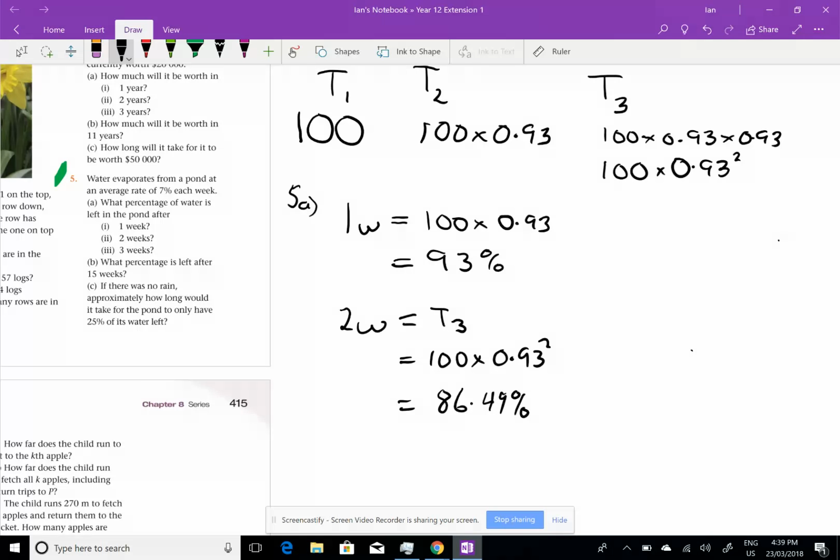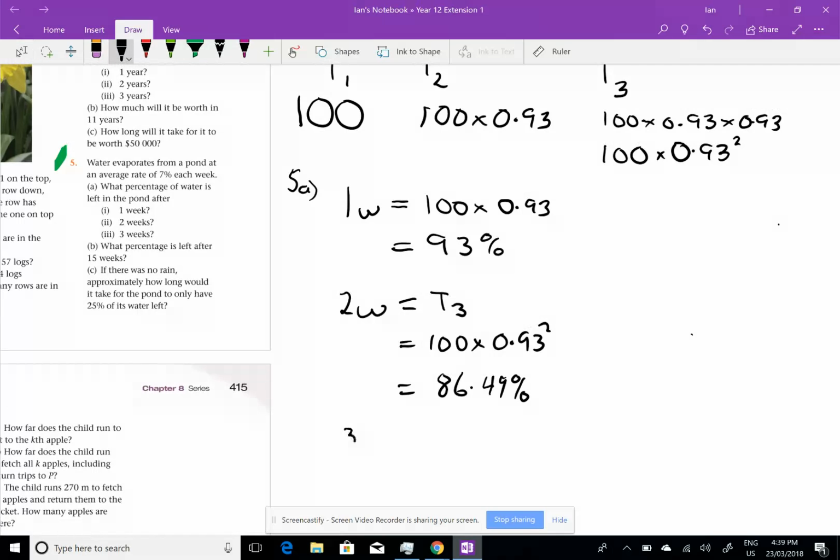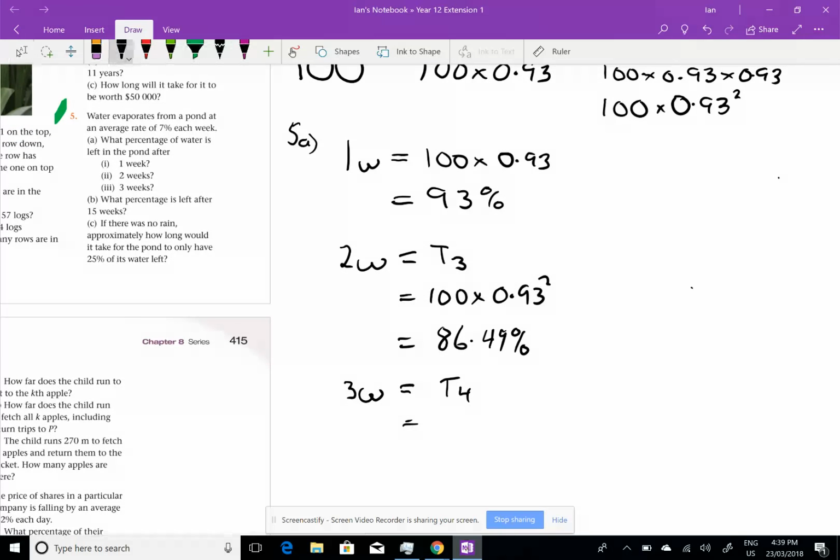Then after 3 weeks, well, 3 weeks is going to be term 4, which gives me 100 times 0.93 cubed. And that gives me 80.4357. Yep.